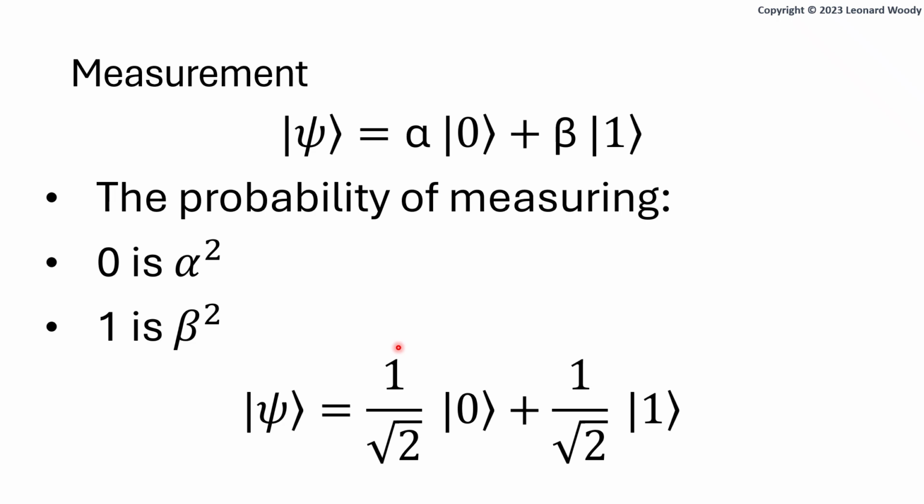The actual answer is that when I square it, 1 over root 2 times 1 over root 2 is 1/2. So the probability of me measuring a 0 is actually 50%, or 1/2. And the same goes for 1, it's 1/2. Or you could also just say probabilities have to add up to 1, and if you have 50% here for 0 and your only other choice is a 1, then it also has to be 50%.